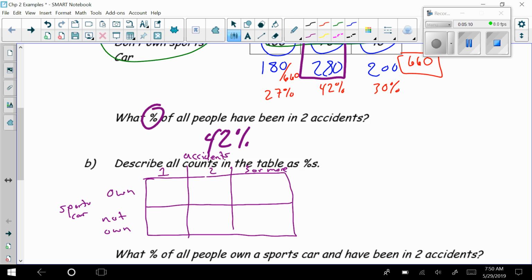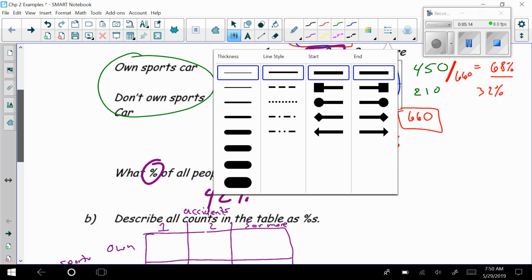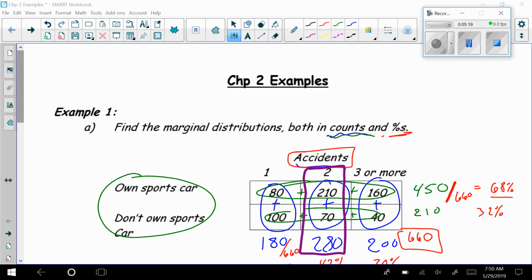And what I'm going to do now is go through and percentage out all of the individual cells. So I have this 80 in here. I am taking 80 divided by the total, which is 660. That'll tell me the percent of people that own a sports car and have been in one accident.